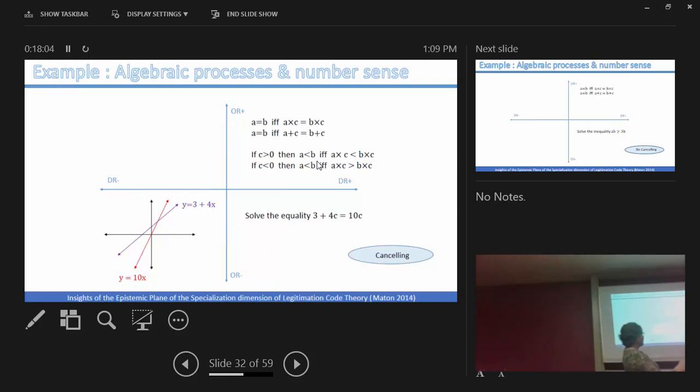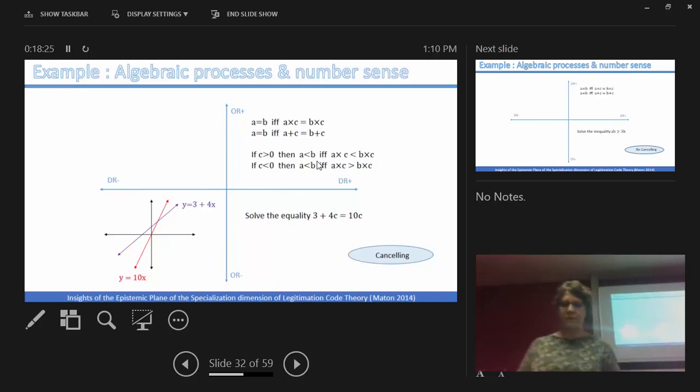Very few would say that actually we're applying some very interesting principles here of equality. So if A is equal to B, it doesn't matter what you multiply A and B by, that equality will remain the same. But if you move to inequalities, you have to be careful whether you are multiplying by a positive or a negative number.